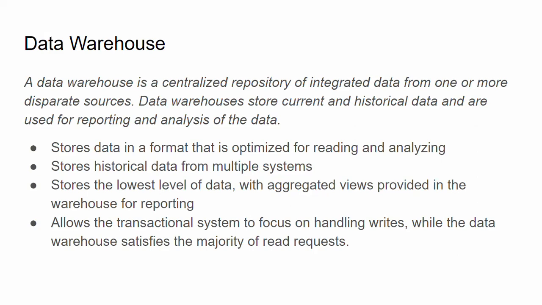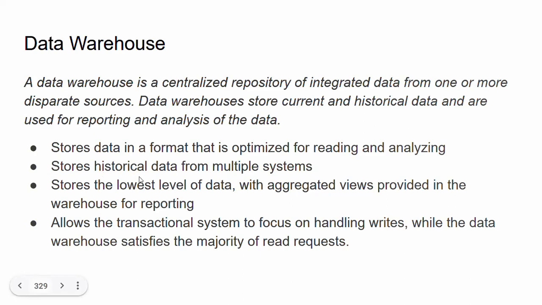It stores historical data from multiple systems and stores the lowest level of data with an aggregated view provided in the warehouse for reporting, and allows the transactional system to focus on handling writes while the data warehouse satisfies the majority of read requests. There are 2 points in all this discussion.